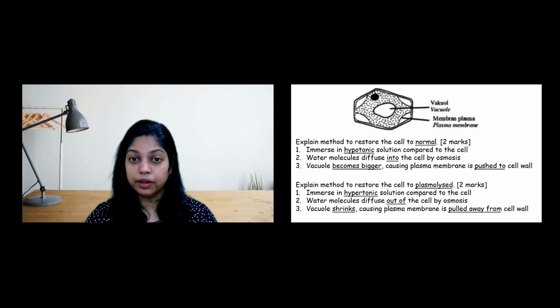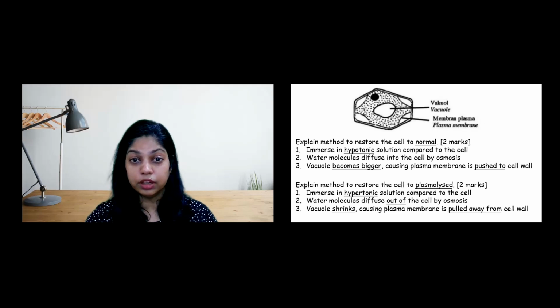To restore the plasmolysed plant cell to normal condition, we need to immerse the cell in a hypotonic solution compared to the cell. So, water molecules will diffuse into the cell by osmosis. Consequently, the vacuole becomes bigger, causing the plasma membrane to be pushed to the cell wall.